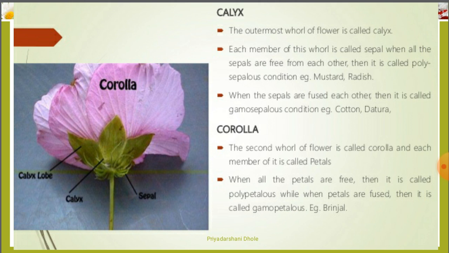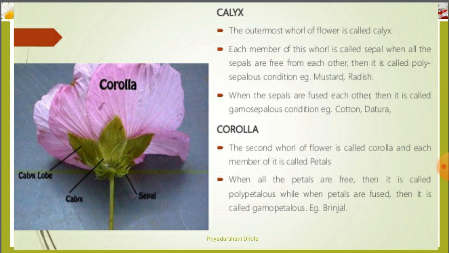Example is mustard and radish. When the sepals are fused to each other, then it is called gamosepalous. Gamo means united. Example is cotton and datura.